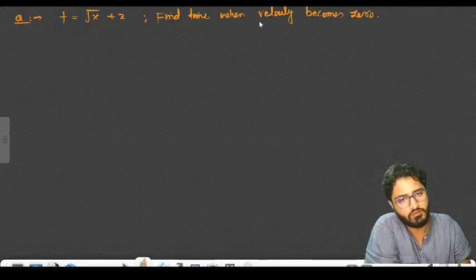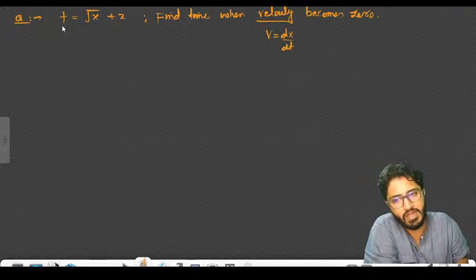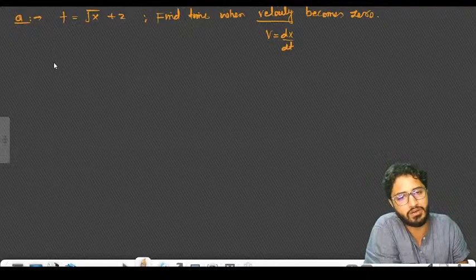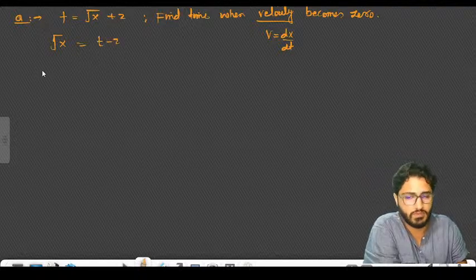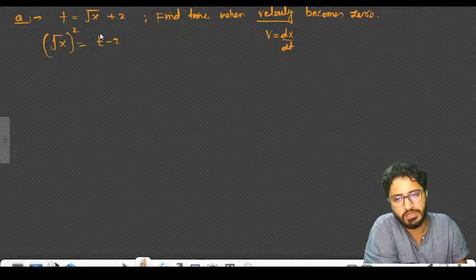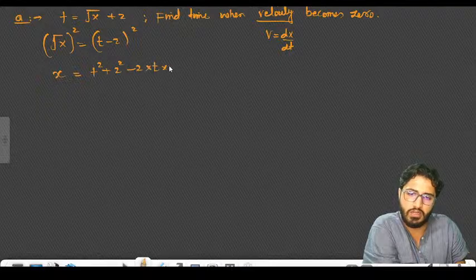Look, velocity means dx by dt. But here we are having t in terms of x. So how to get x? Can I write root x equals t minus 2? Squaring both sides, I will get x equals t square plus 2 square minus 2 into t into 2.